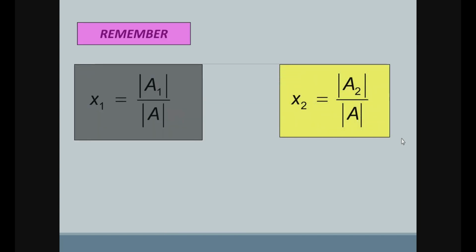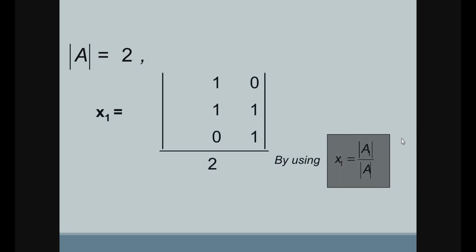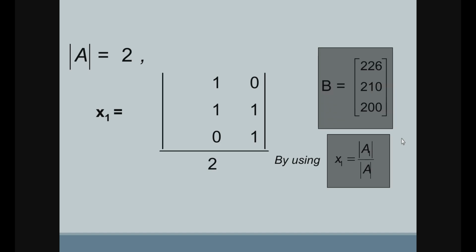Okay, we remember this formula. How to get the determinant of A? We have just now the matrix A is 1, 1, 0, 0, 1, 1, 1, 0, 1.